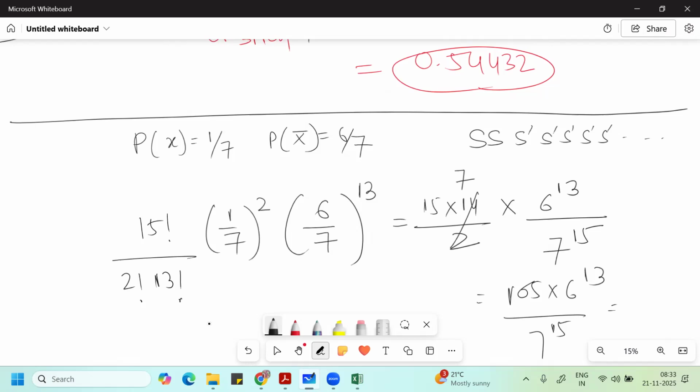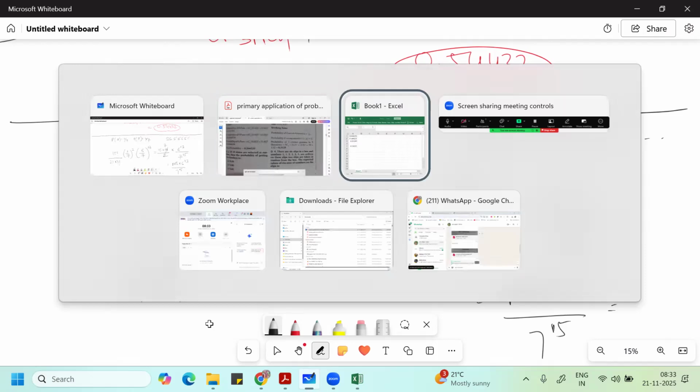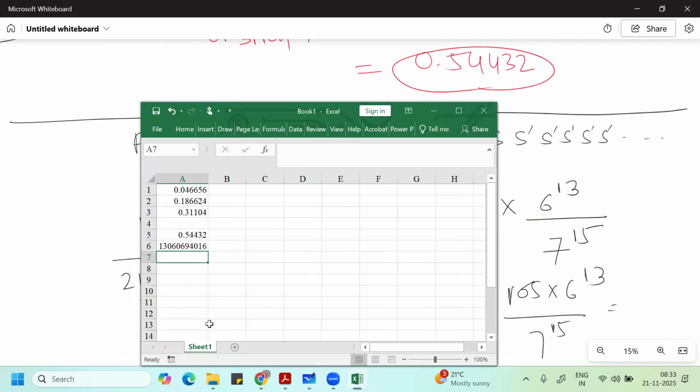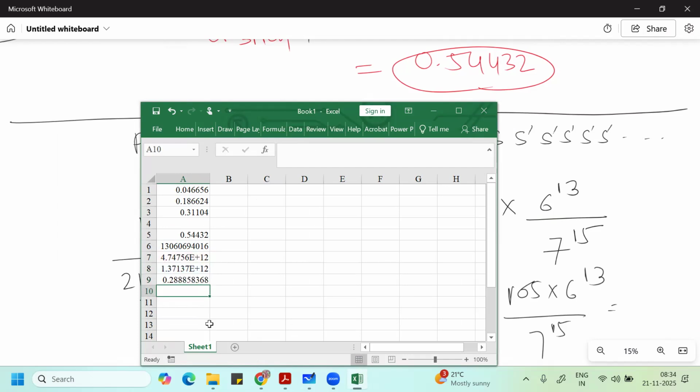This is your answer. Use a calculator, find 6 to the power 13, and then 7 to the power 15. So your answer is 105 into 6 to the power 13, divided by 7 to the power 15.